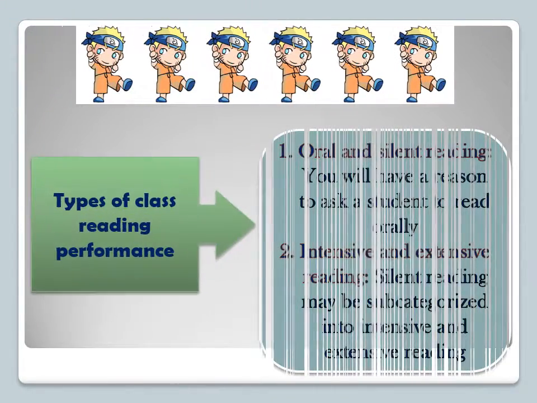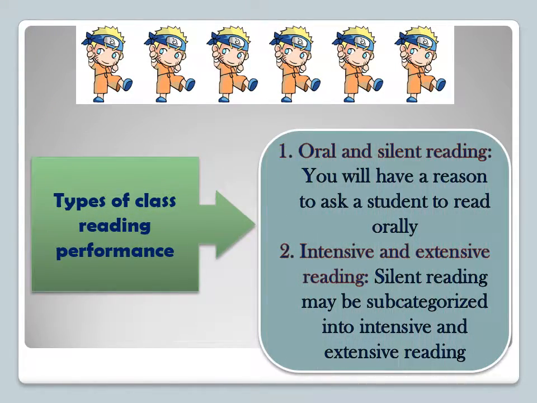Next, we want to explain two types of classroom reading performance. First, oral and silent reading. Occasionally, you will have reason to ask a student to read orally. At the beginning and intermediate levels, oral reading can first serve as an evaluative check on bottom-up processing skills. Second, it can double as a pronunciation check.